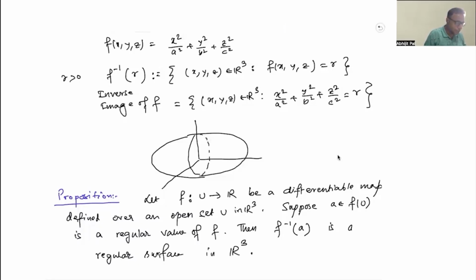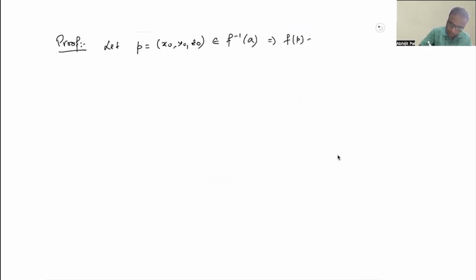Okay, so how do you prove this? Let us take any arbitrary point in this f inverse A. So let P equal to x naught, y naught, z naught belong to f inverse A. So this implies that f of P equals f of x naught, y naught, z naught, which is equal to A. Okay.